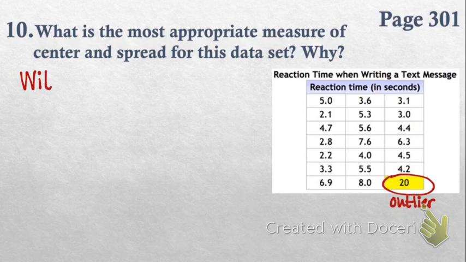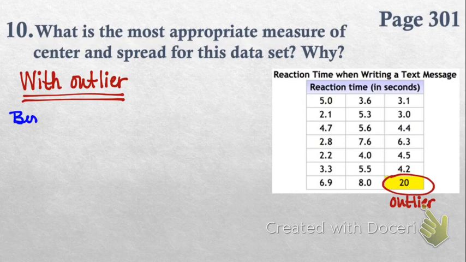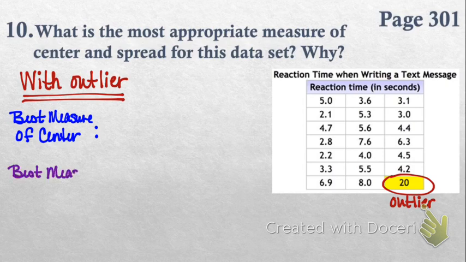So with the outlier, the best measure of center would be what? If I have an outlier, what did we say our best measure of center was? The median.